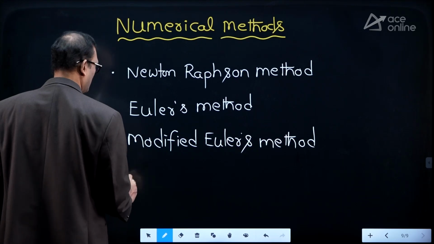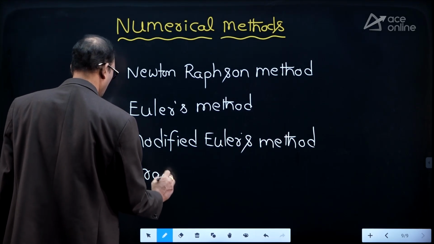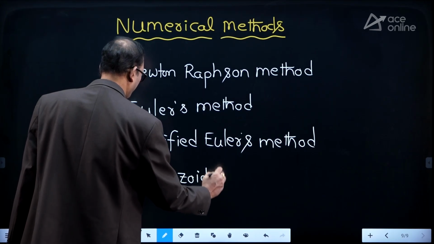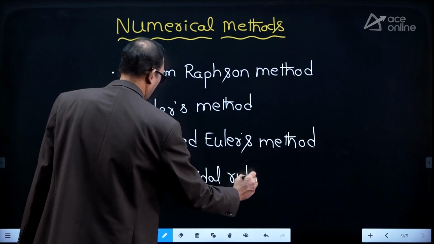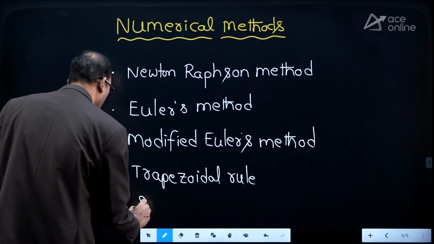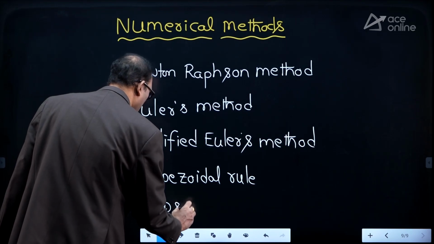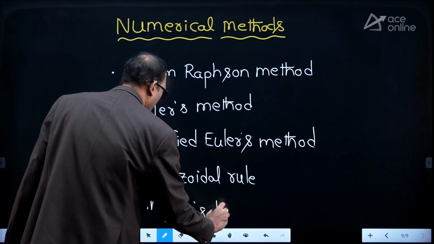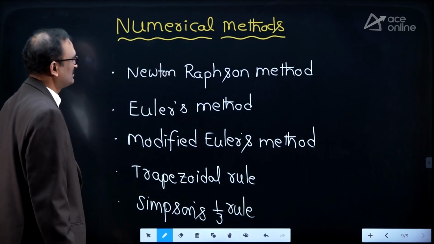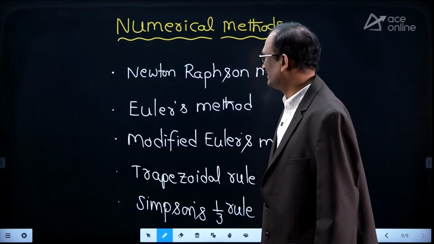Trapezoidal rule. Simpson's rule. Simpson's rule means Simpson's 1/3 rule only. So these are the topics important and expected from the exam point of view.